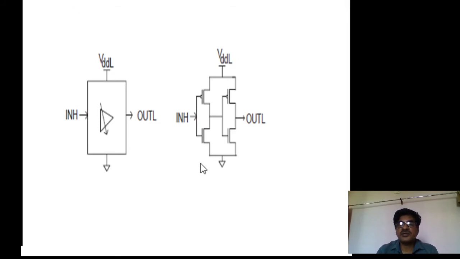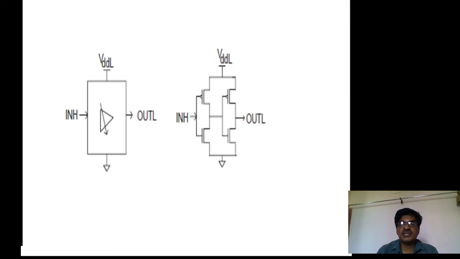In its internal diagram, there are two inverters connected in cascade. So totally it works as a buffer. That means whatever value you apply at the input, the same value you get at the output, but their voltage levels are different. The input is from the high voltage domain, but the output is to the low voltage domain circuits.